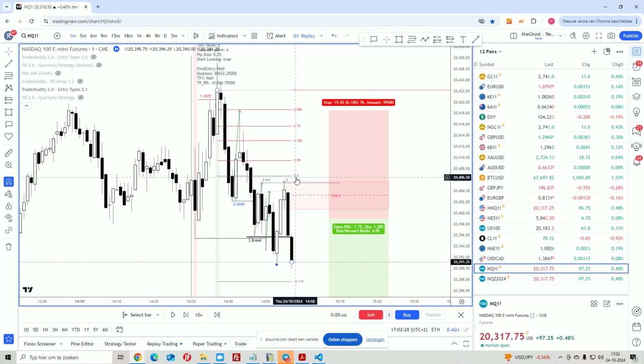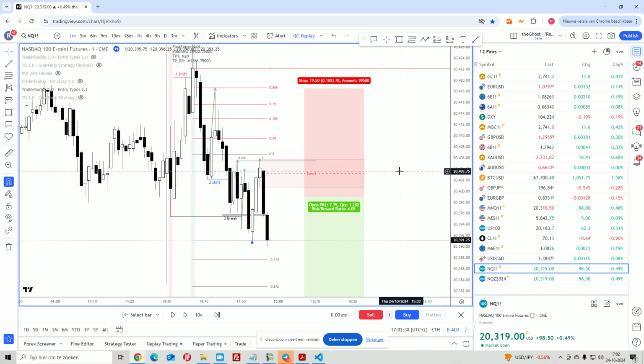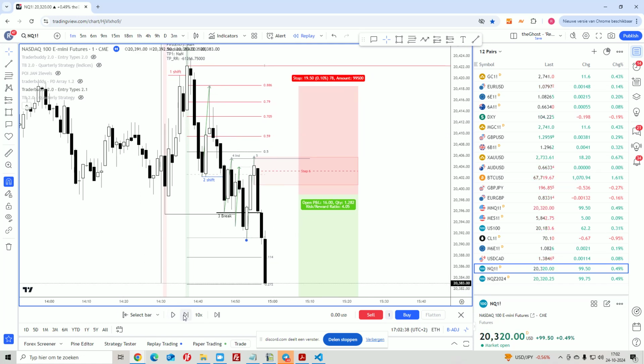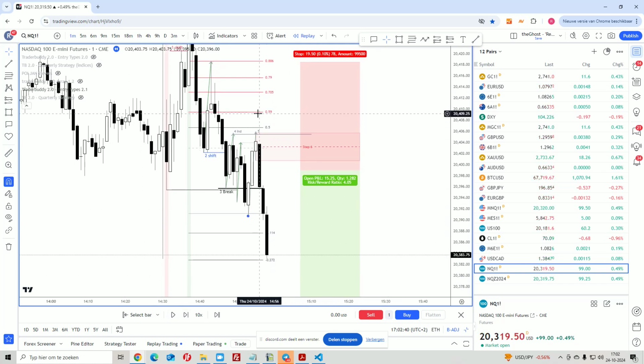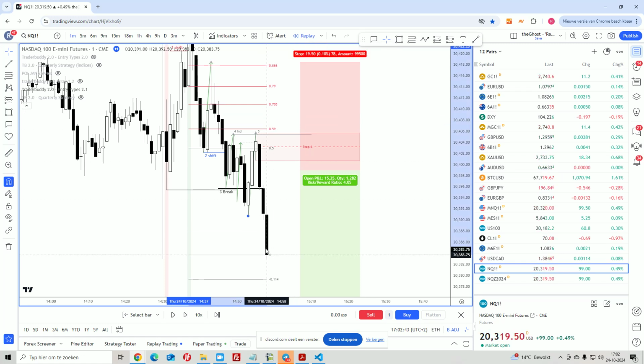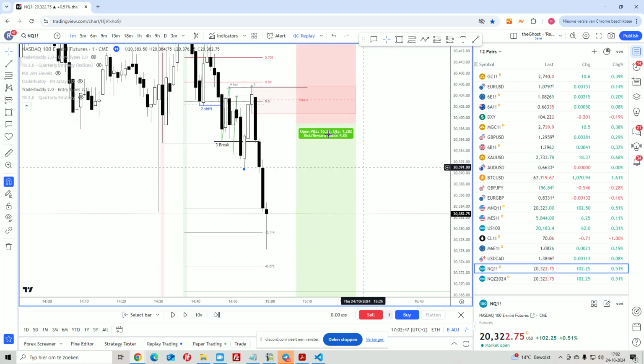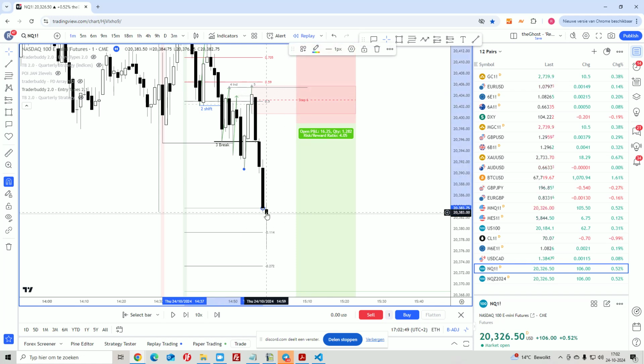And price needs to come above the 50% first before the indicator displays a possible short entry at all. So let's proceed. So this one shifts to this one.